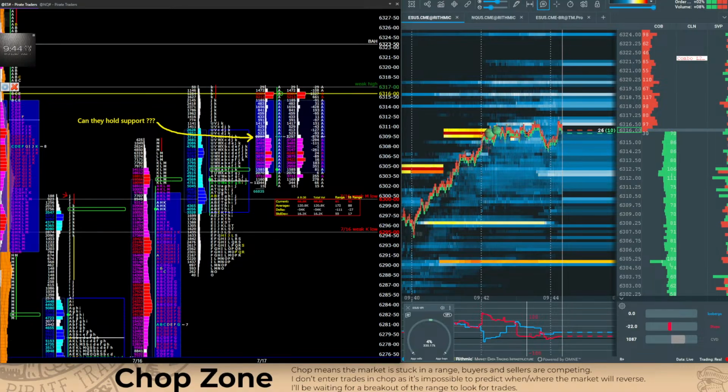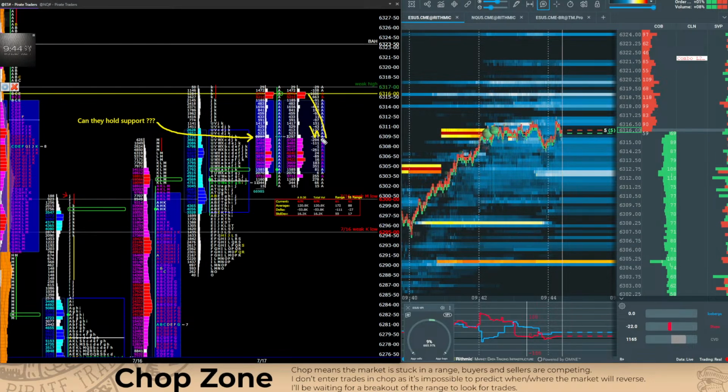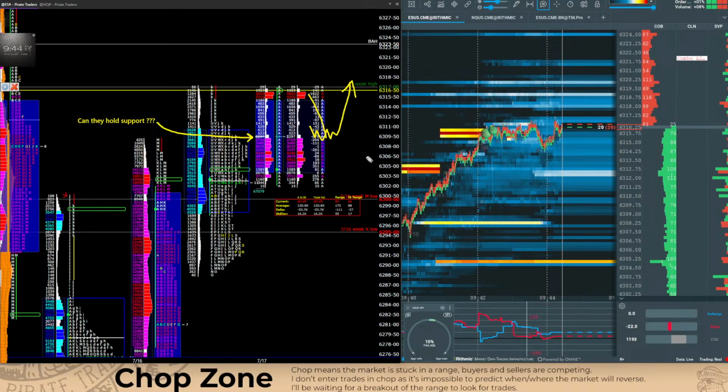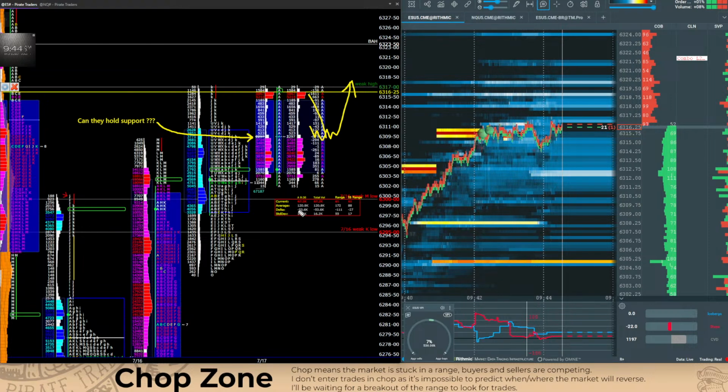So that also increases the odds that if we come back to yesterday's high, it will act as support so that we can come back and repair that weak high. Again, unless we repair it first.